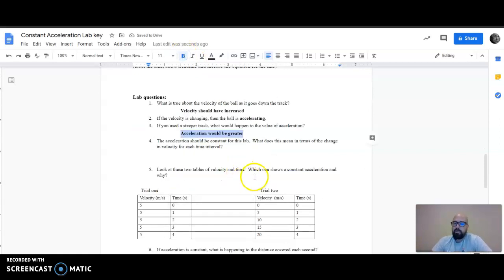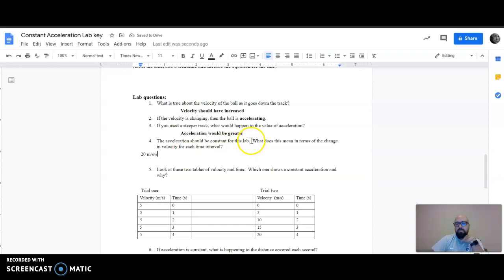Then here, this is where we got to understand some of the words and what the question is asking. It says the acceleration should be constant for this lab. What does this mean in terms of the change in velocity for each time interval? Definition-wise, if it's a constant acceleration, like in most classes, we use a constant acceleration of 20 meters per second.